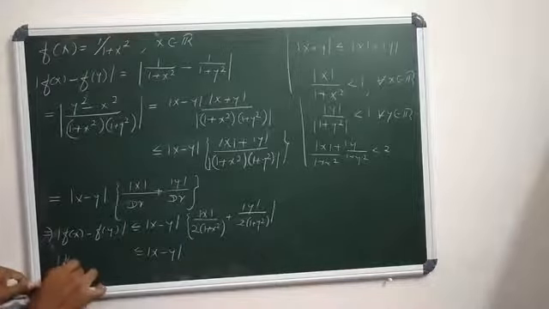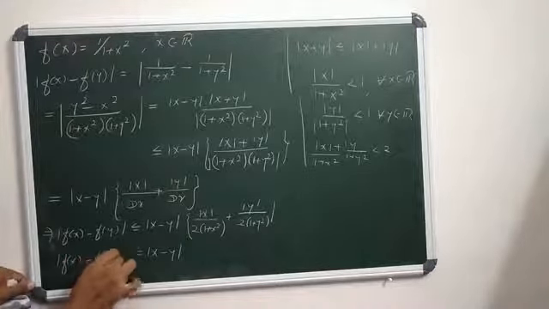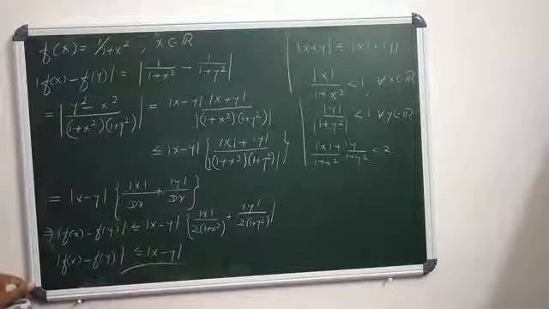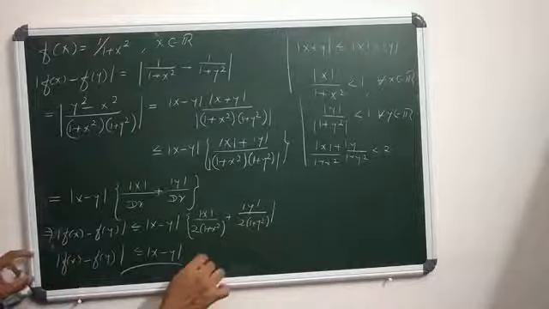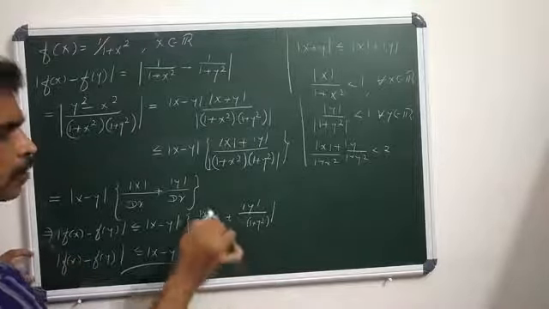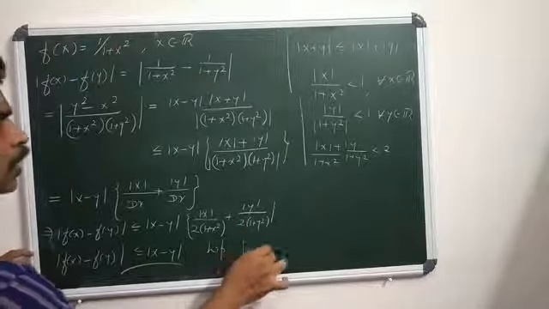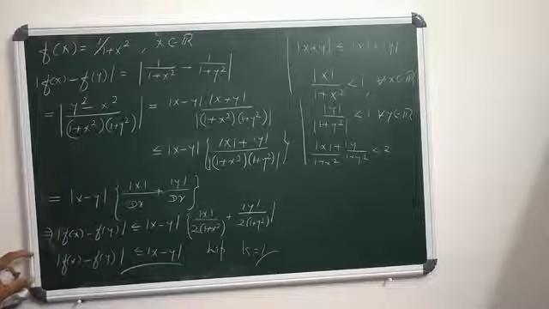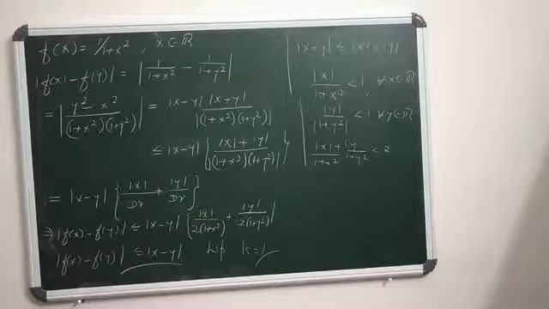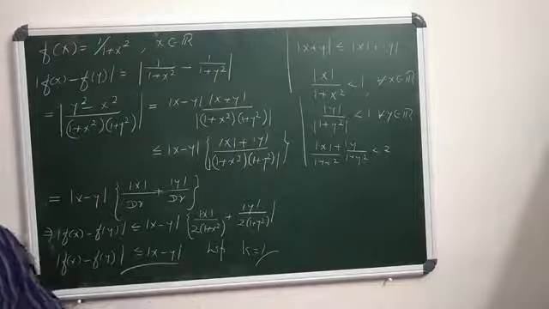So finally, modulus of f of x minus f of y is less than or equal to modulus of x minus y, which means f satisfies the Lipschitz condition, or f is a Lipschitz function, with Lipschitz constant k equals 1. We know that if f is a Lipschitz function, then f should be uniformly continuous.